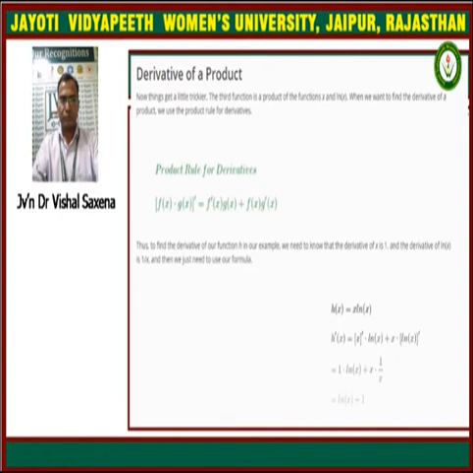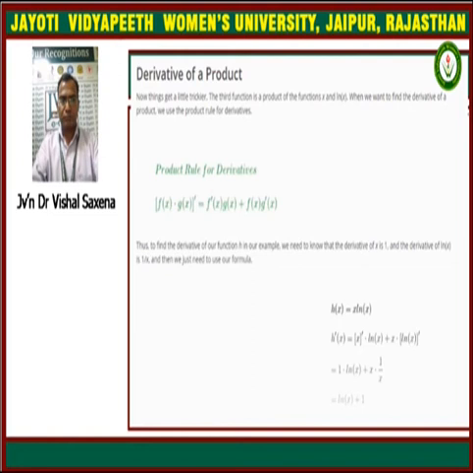If we have to find its derivative, then it is given by: first function we differentiate, the derivative of x, times the second function log x as it is, plus the first function x as it is, and the derivative of the second function log x. So it will be equal to 1 into log x plus x into 1 upon x, and this equals log x plus 1.